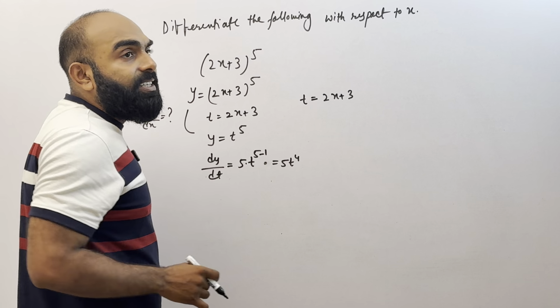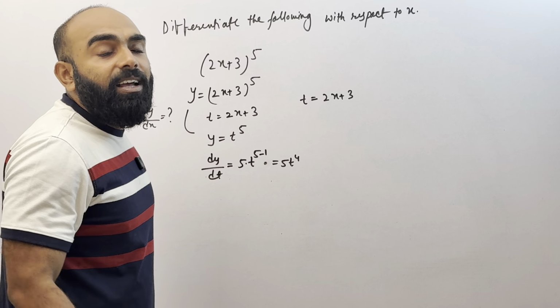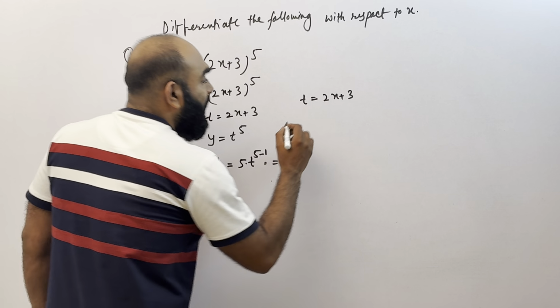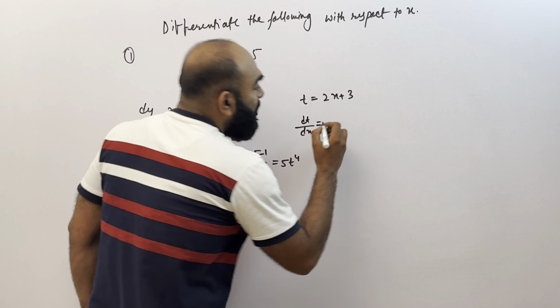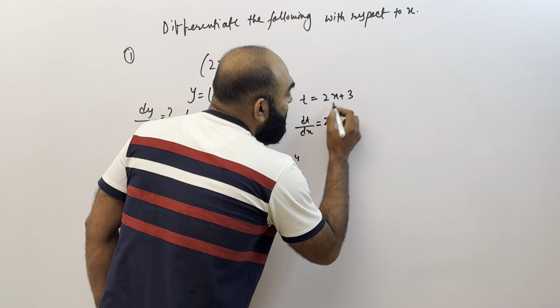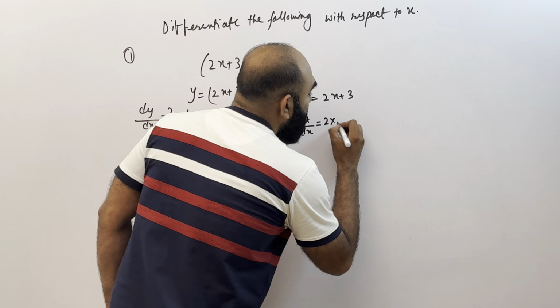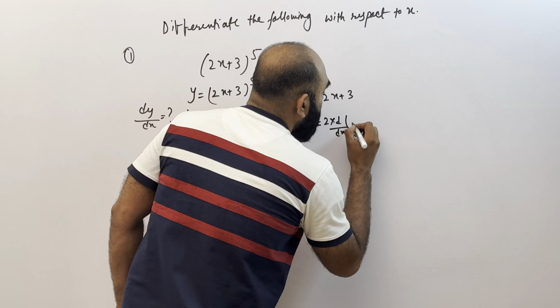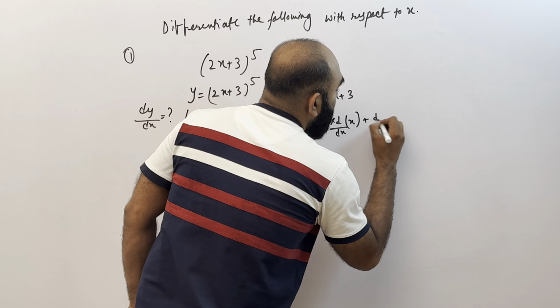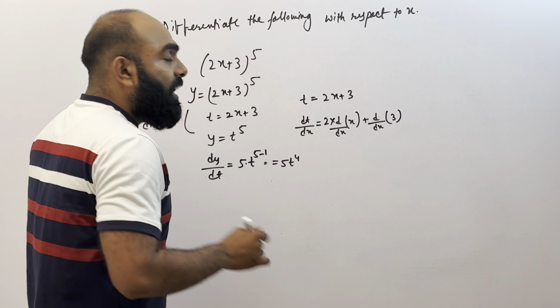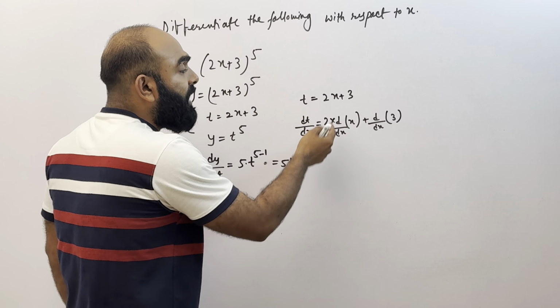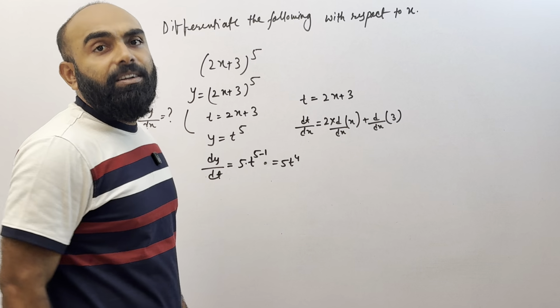If you have to differentiate this t, you have to differentiate with dx, so dt by dx. Taking the 2 outside, differentiating x means d by dx of x plus d by dx of the constant. If a constant is multiplied with the variable, take the constant outside, then differentiate the given function.